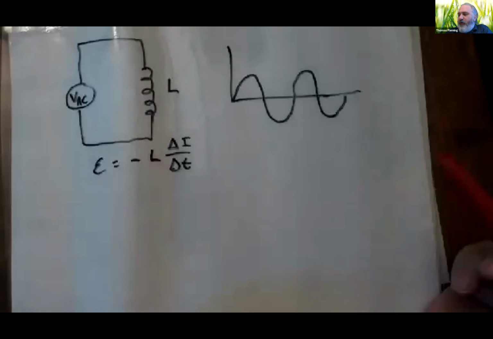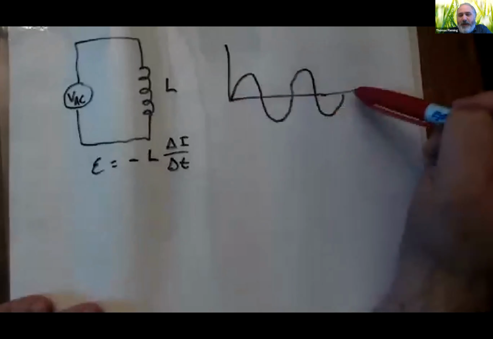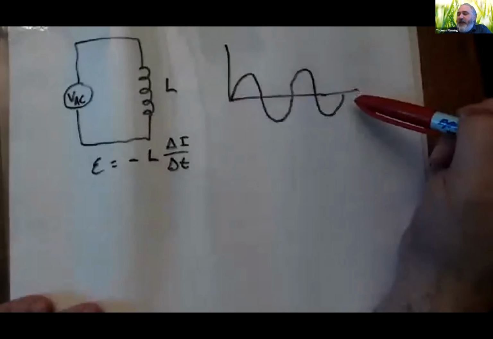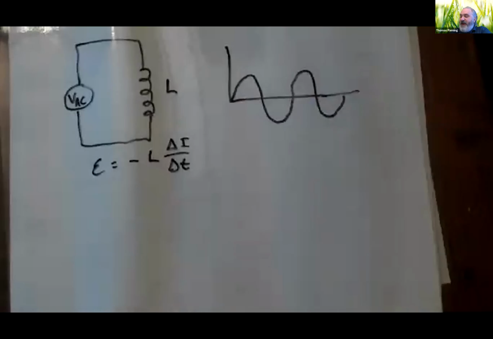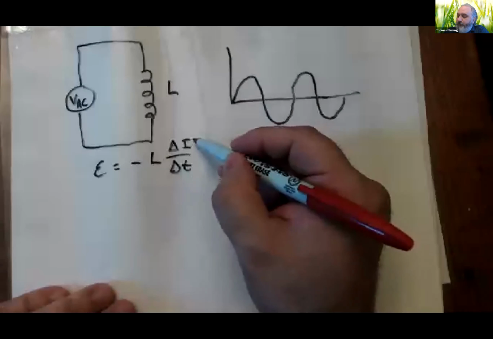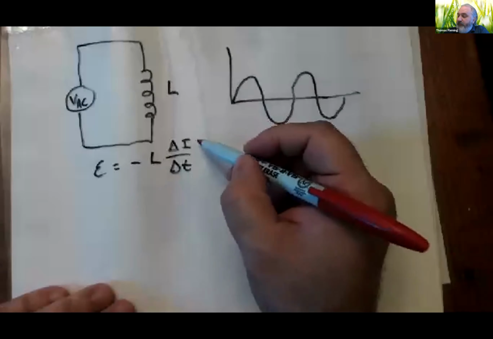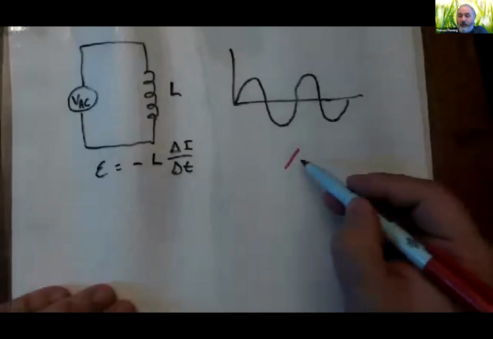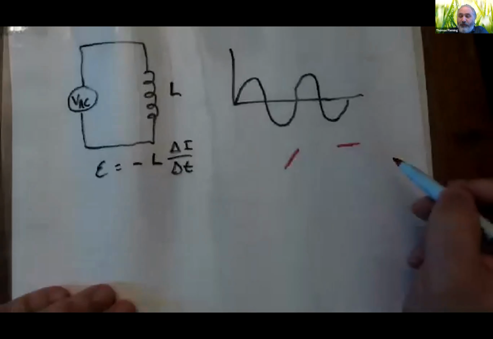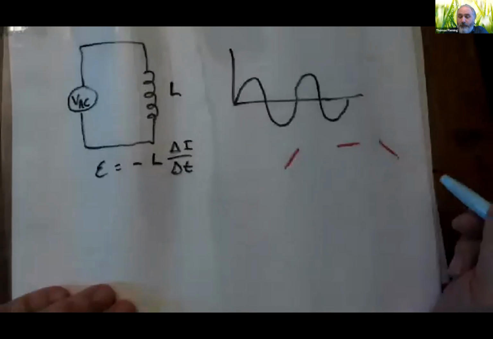We know that my current graph is going to be some kind of sinusoidal shape. And when you think about the slope of a curve, it's like you draw a tangent line at that point. So when the slope of my current is really, really big, that means my graph is going to be super steep. That's a large slope. This is a zero slope. This is a negative slope.